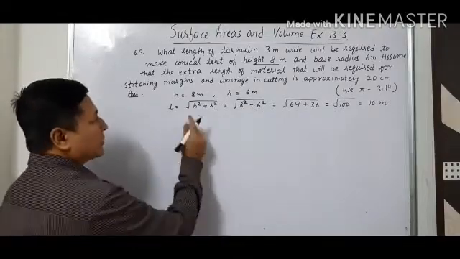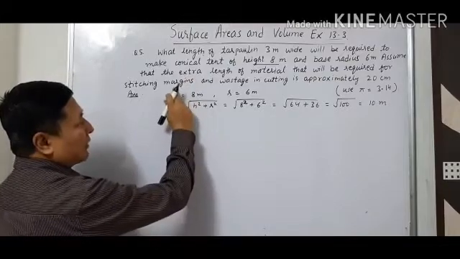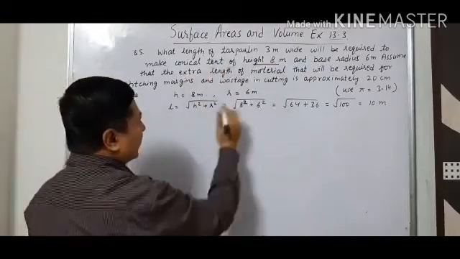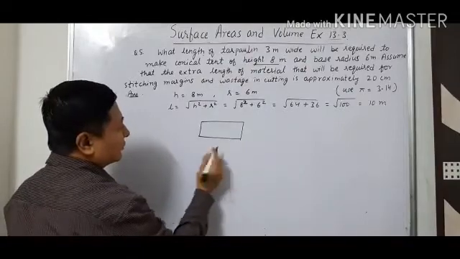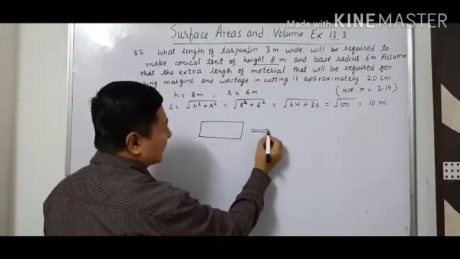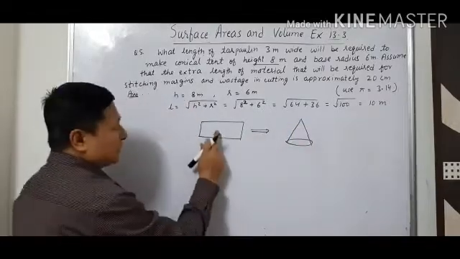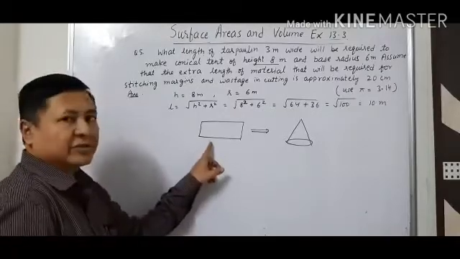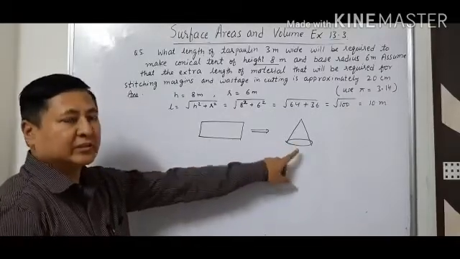Now in this question we need the area of tarpaulin that we will require. Let's say this is a tarpaulin cloth in the shape of a rectangle, and from this we are making a conical tent. That means the area of this rectangle will be equal to the curved surface area of this conical tent.